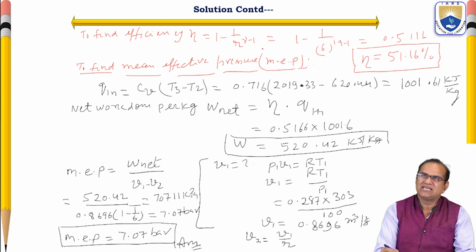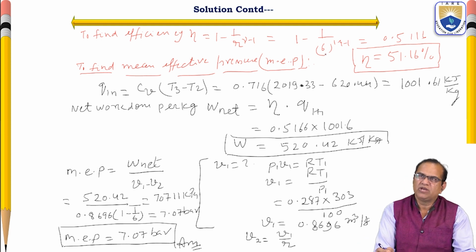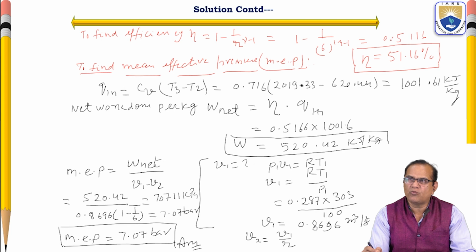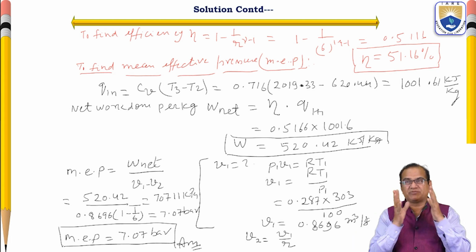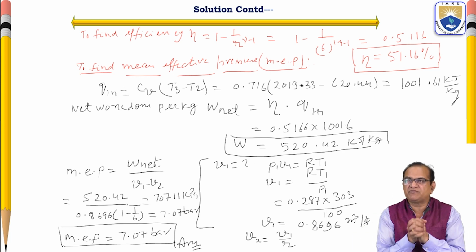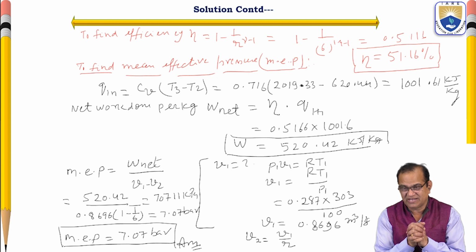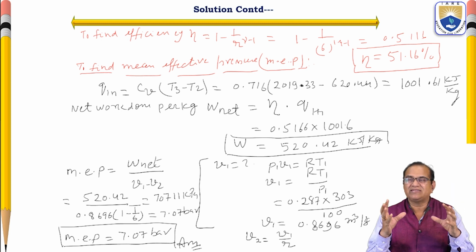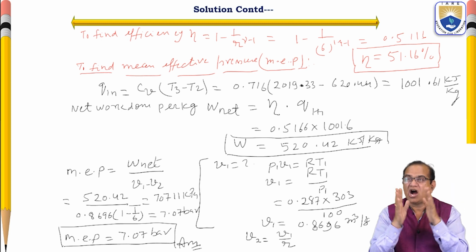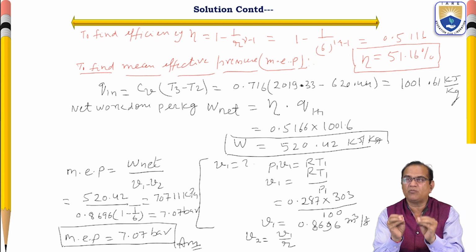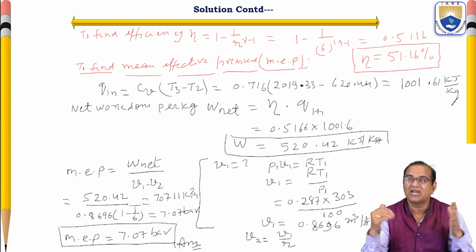R is given as 6, gamma is equal to 1.4. If you put these values, you will get 0.5116, or 51.16%. So the efficiency of this given system is 51.16%. It means that out of 100 units of heat supplied, only 51.1 is utilized.